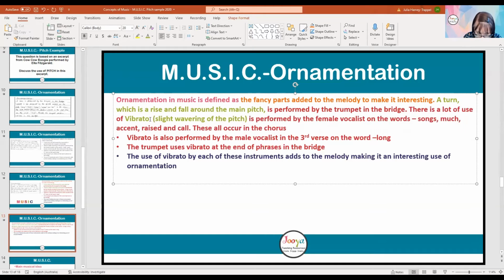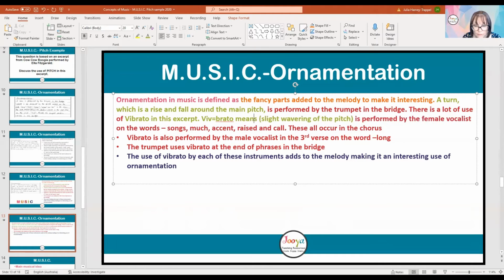Vibrato means a slight wavering of a pitch.